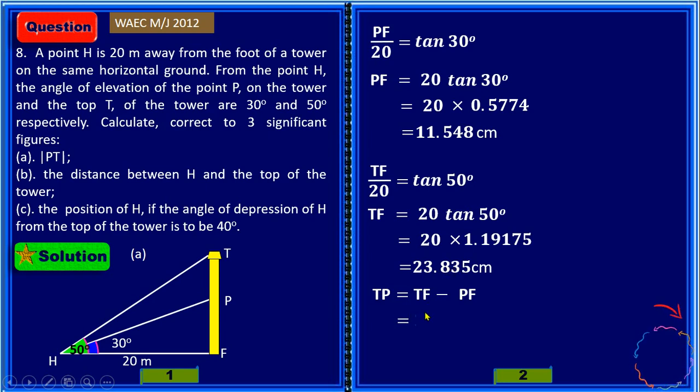We are going to substitute that here, then minus PF, which is 11.48 centimeters. Then using calculator we can subtract this. So TP will give us 12.287 centimeters, and that will give us 12.3 centimeters correct to 3 significant figures as required by the question.